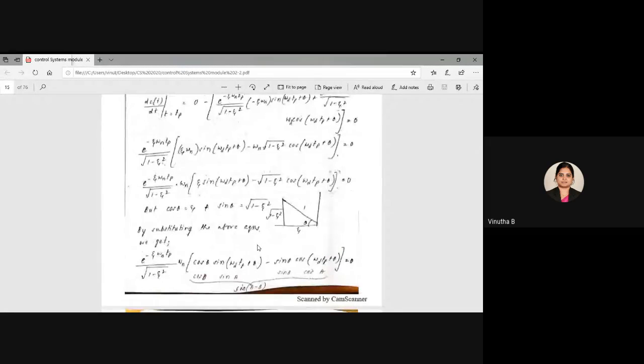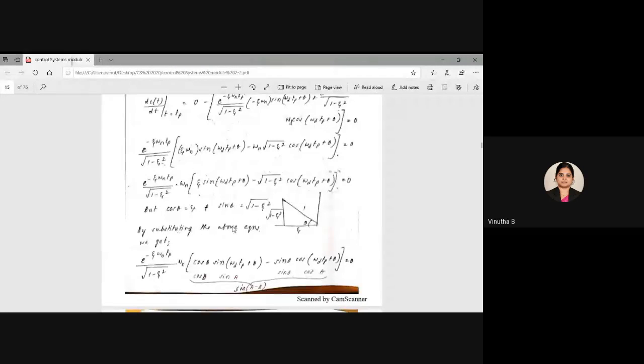Cos theta is adjacent by hypotenuse, isn't it? So adjacent is zeta divided by hypotenuse is 1, so this will be just zeta, and sine theta is equal to opposite by hypotenuse. So opposite is square root of 1 minus zeta square divided by 1, which is just square root of 1 minus zeta square. Now substitute for this here.